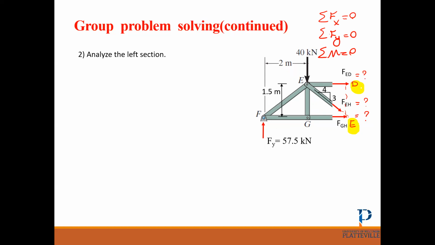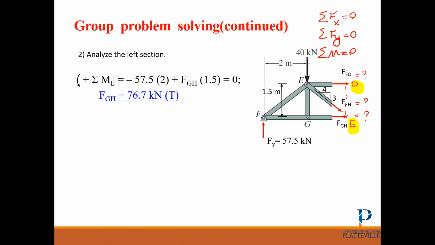Correct, about point E. Because if you take the moment about E, all these forces go through E, and the only unknown is FED, so you can solve for it. So this is the sum of the moment about E, finding FED. What's the next step?